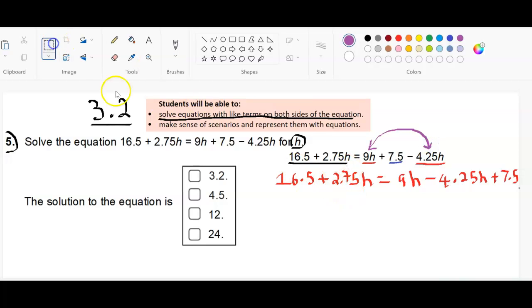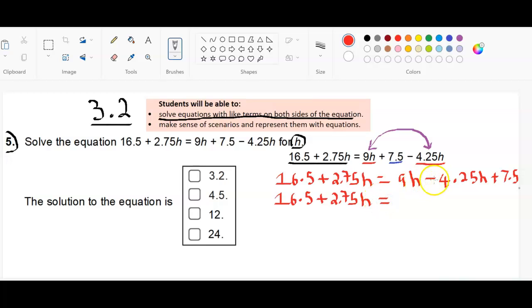I'm going to leave the 16.5 plus 2.75h alone, and that's going to equal 9h minus 4.25h. The way you think of this, let's say you have $9 minus $4.25.